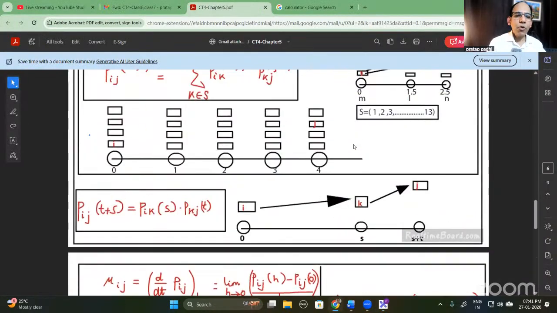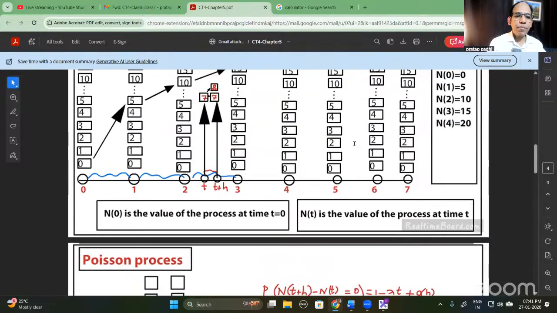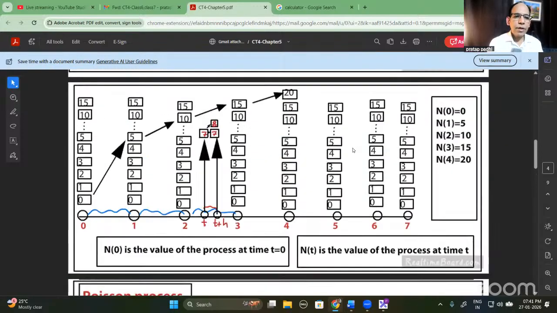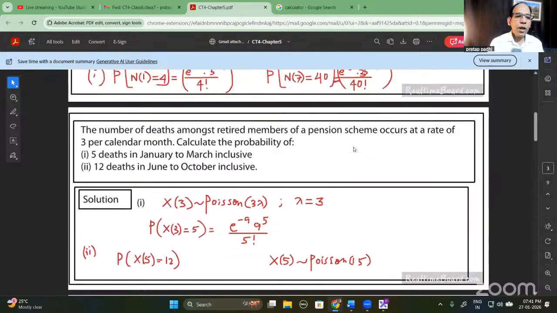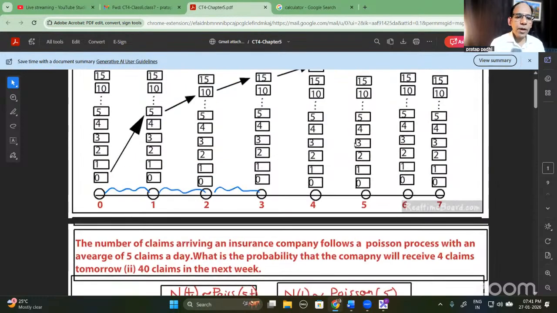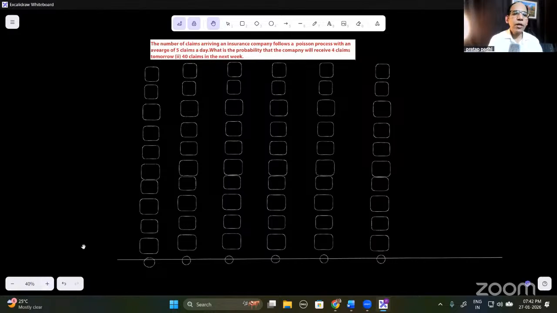Now, from scratch, this problem will take so much, but I will teach with the problem. Probably I will pick up this one. The number of claims arriving at an insurance company follows a Poisson process. Again, what is a Poisson process? It's a kind of stochastic process.